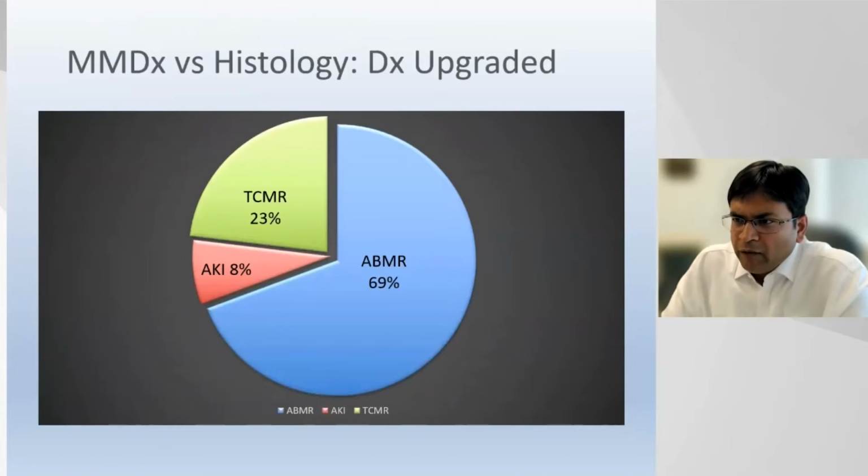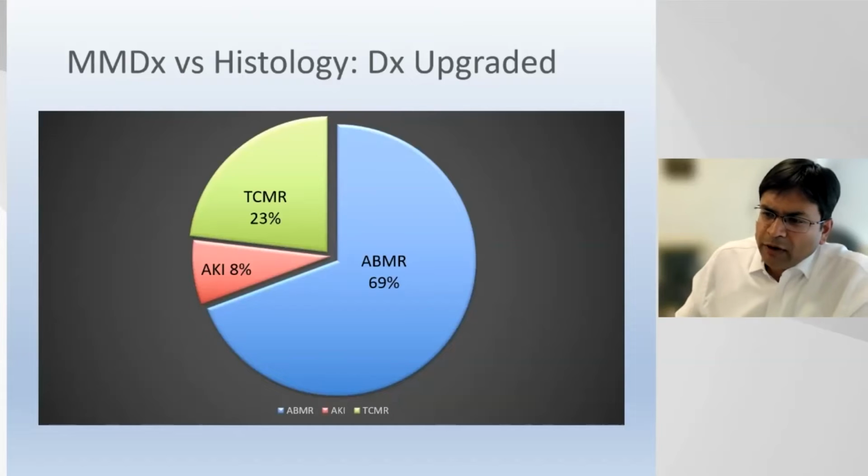What about upgrading of diagnosis? In nearly two-thirds of the cases, all of these upgrades are associated with antibody rejection, which means that MMDx picks up ABMR, while histology says that there is no rejection in these cases. In around a fourth of these cases, MMDx picks up TCMR, but there is no rejection on histology.